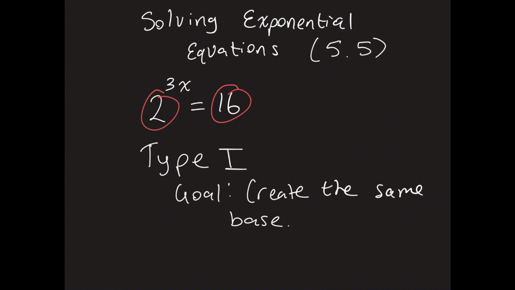Can I rewrite 16 as a power of 2, in other words, a number with 2 as the base raised to something? Yes. In this case, 16 is 2 to the 4th. 2 times 2 is 4, 4 times 2 is 8, 8 times 2 is 16. So 2 to the 4th equals 16.